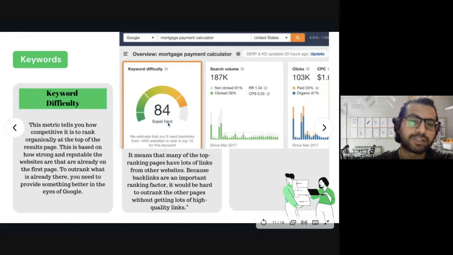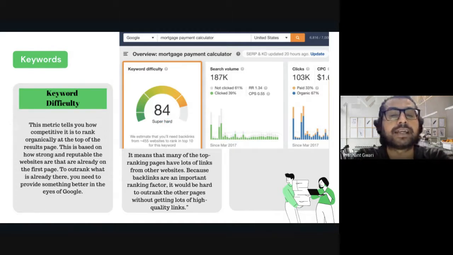That means lots of companies are targeting this keyword. Same as in digital marketing, I told you more than 200 companies are targeting the same keyword, and the keyword difficulty is 84 or 75 or 90 or maybe 95. That means it's a really hard keyword.